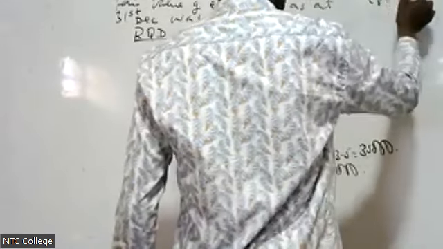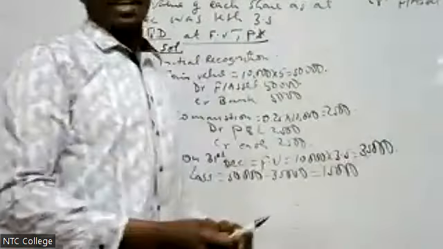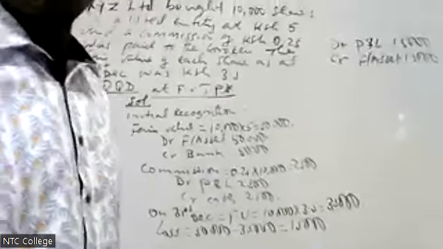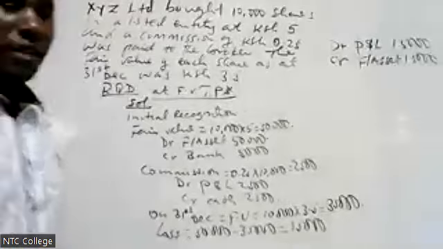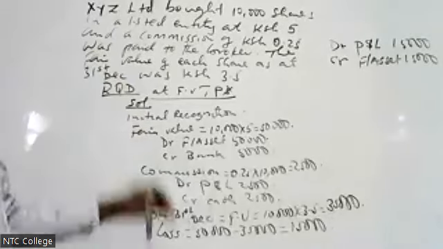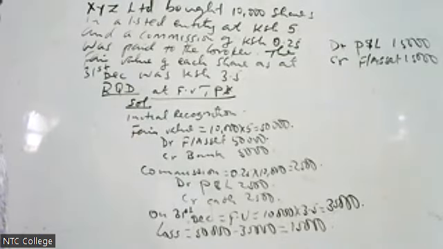I credit financial asset with 15,000. At the end of the year, that is what I'm going to do. I debit P and L. I credit financial asset with 15,000.